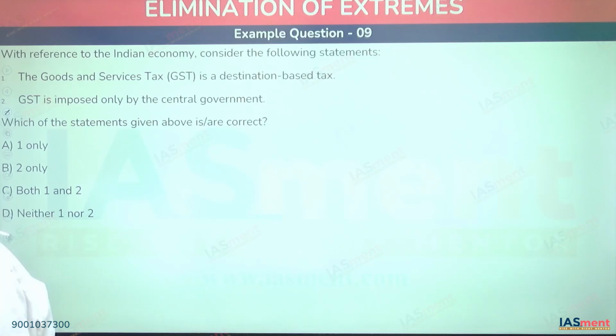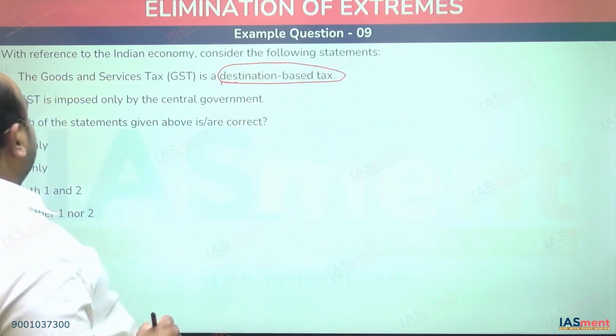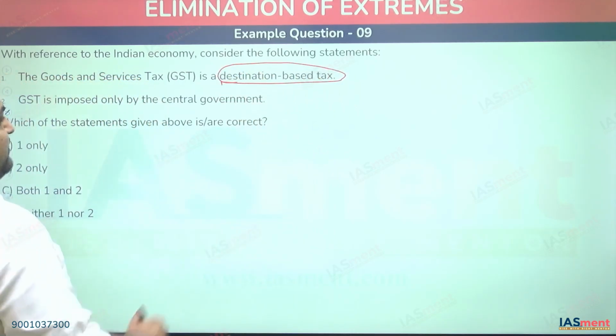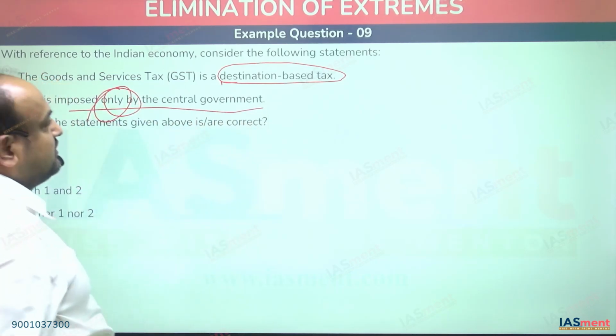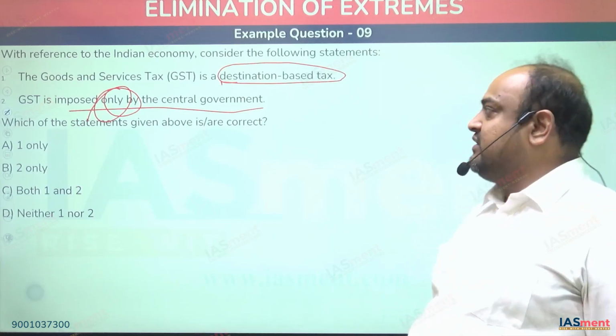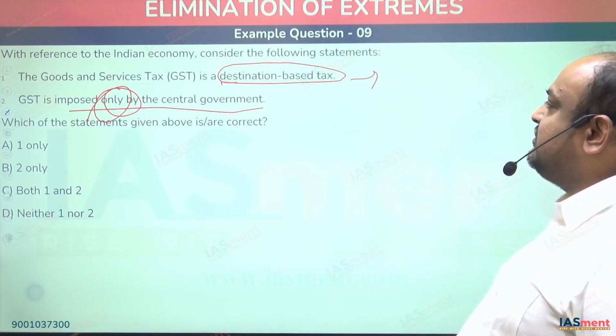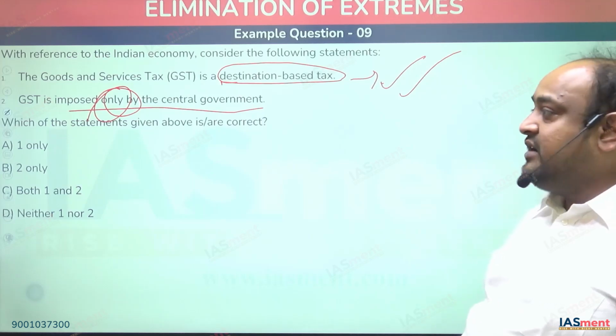Now, with reference to Indian economy, consider the following statements. GST is a destination-based tax. GST is imposed only by the central government. Now, this is a fact-based question. We know that GST is a destination-based tax, right?